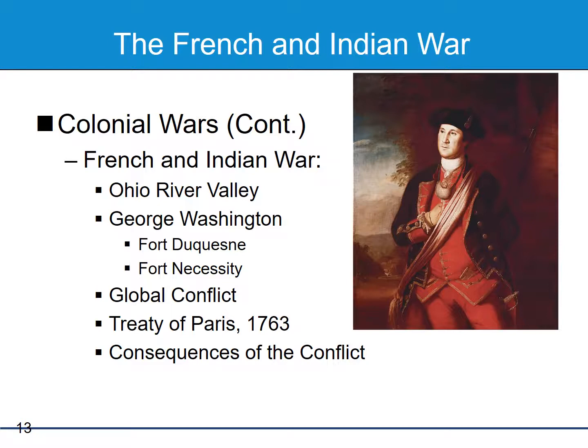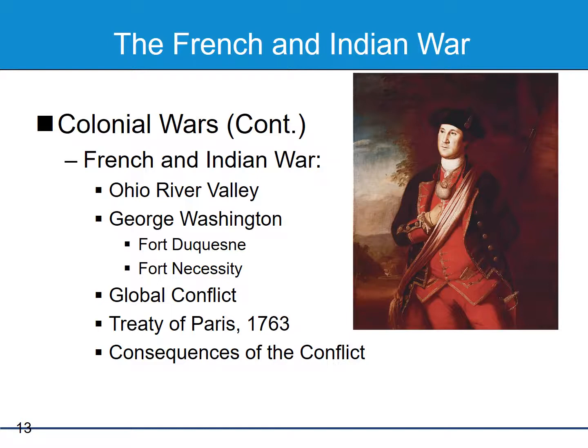The fighting, as I said, went on for a couple of years here in North America before it actually spread back to Europe. And when it spread to Europe, it became really the first global conflict. All of the major powers in Europe become involved. The British are going to be allied with the Prussians, which we would more commonly refer to today as Germany.